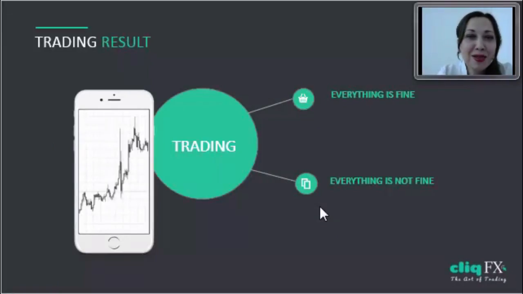And in the process of trading, every trader is facing two situations in the market: when everything is fine, and when everything is not so fine, actually very bad. So we are going to present you the way to react in this critical situation when, for example, the market turned against you and started to move in a completely different direction than you were expecting.